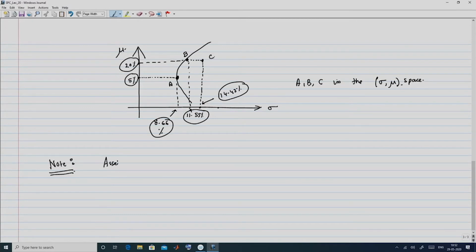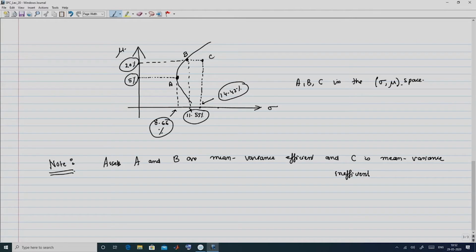So, this means that these assets or portfolios A and B, these are mean variance efficient, and C, since it does not lie on the efficient frontier, is going to be mean variance inefficient.